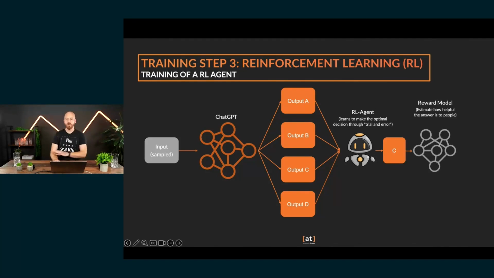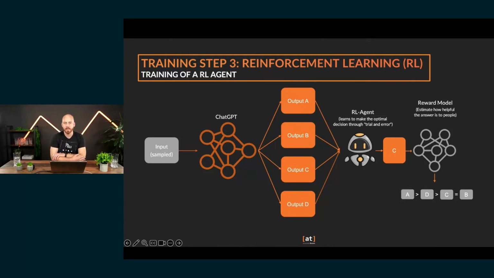And in the training process of the reward model, we check whether the solution that the reinforcement learning agent chose, in this case C, is the best answer in the current situation we observe. And therefore, we have our reward model that, for example, ranks the outputs, all 4 different outputs.